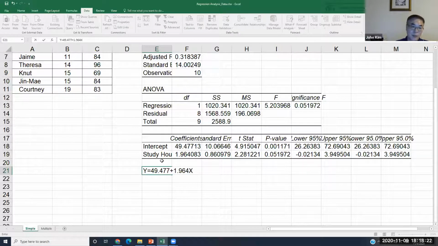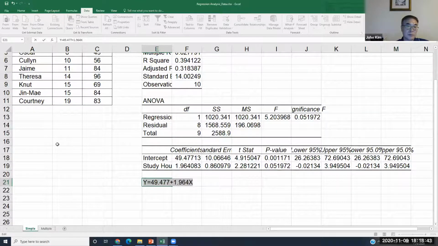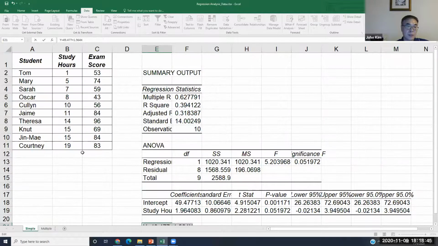We can develop a linear equation like this using regression analysis. Using this equation, we can forecast exam score by study hour.